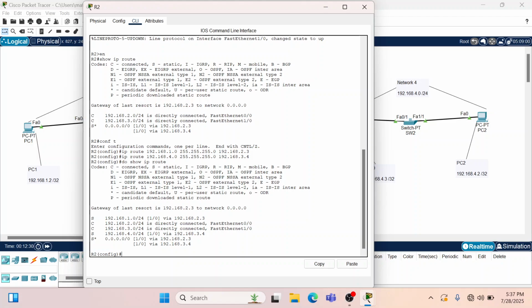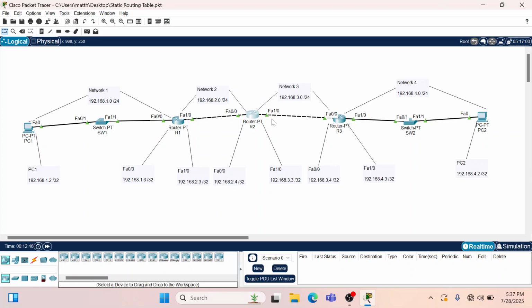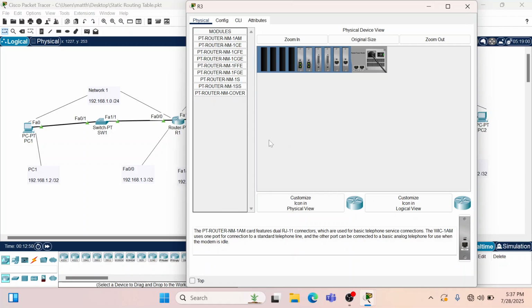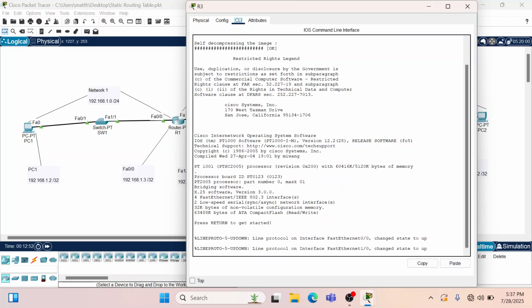And all the traffic that's going to network 4, it's going to send to the interface on router 3 that has an IP address of 192.168.3.4. Sweet. So that's router 2. Now all we've got to do is configure router 3, and we should be good.